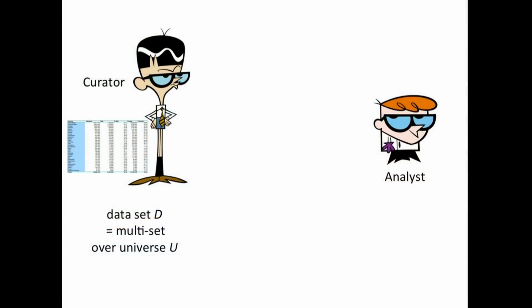And I want to jump right into the first basic model that we're going to look at, which is the model where you have a trusted curator and an untrusted analyst. And the curator has a data set D, which is just, as usual, a multiset over some universe U. And the analyst has a set of queries about the data set that he wants to get an answer to.